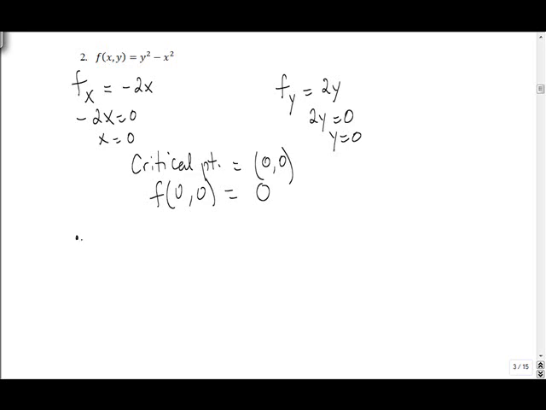All right? So look at what we're going to do. So remember, we are looking at 0, 0 within a disk. You with me? So what we are going to try to do is to see if we can find the values of f at any points within the disk, close to 0, 0, right?